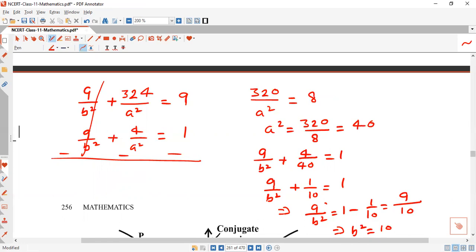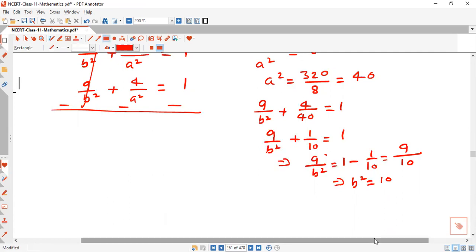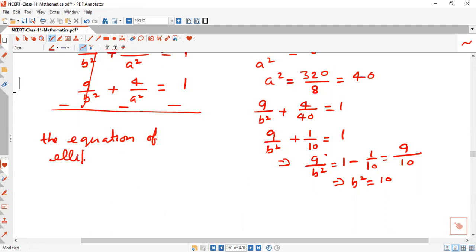So we just found these two values, a square 40 and b square 10. So the standard equation of the ellipse, the equation of the ellipse, is x square upon b square, that is x square upon 10, plus y square upon 40 equal to 1.